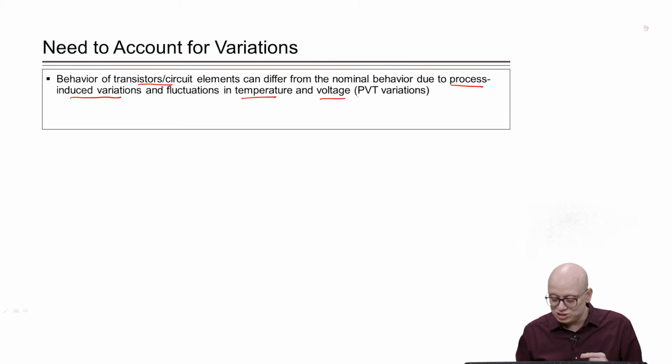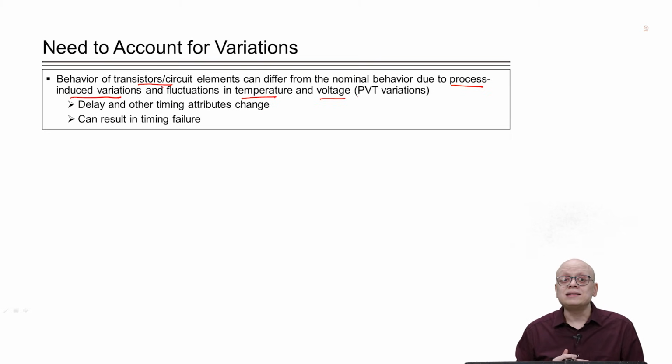And because of those changes, the timing attributes of the devices and the timing attributes of the interconnects can change. For example, the nominal delay was say 100 picosecond, but after fabrication or because of other fluctuations in the temperature or voltage, the delay is now say 110 picosecond.